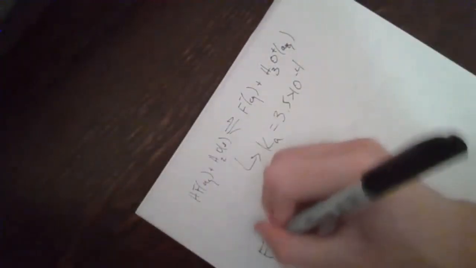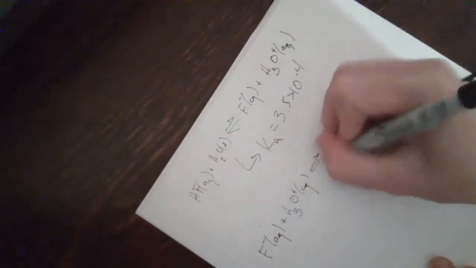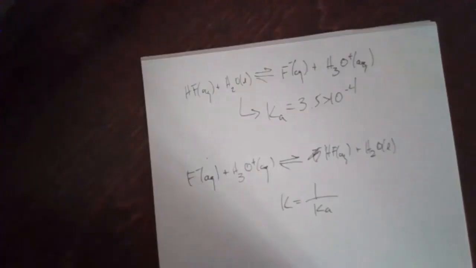So what we're dealing with here is fluoride reacting with hydroniums. So this is going to be the reverse reaction, which means the K is going to be 1 divided by Ka, right? We're just changing what we call reactants and products.